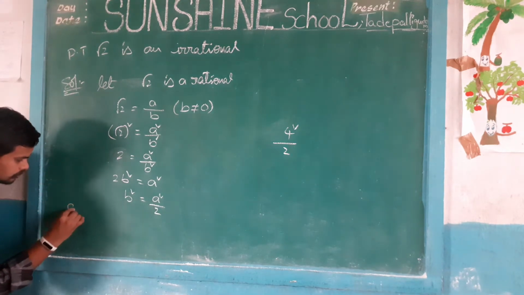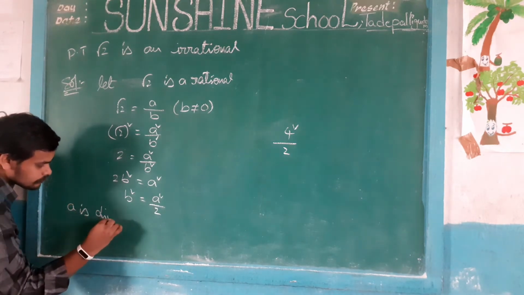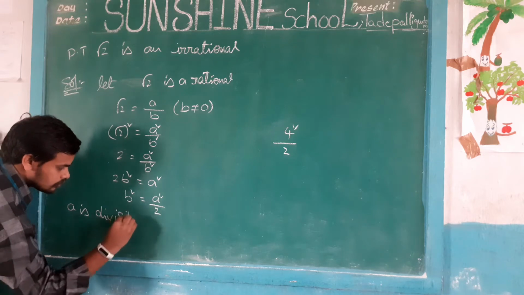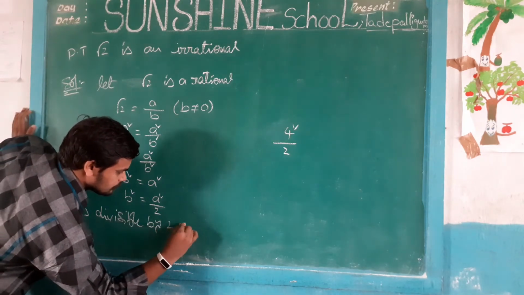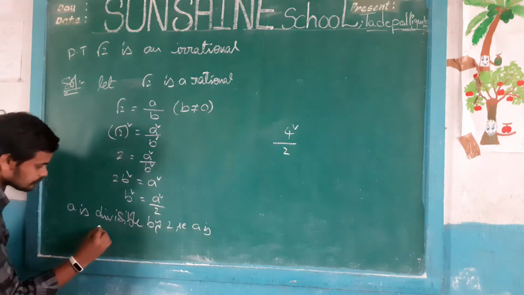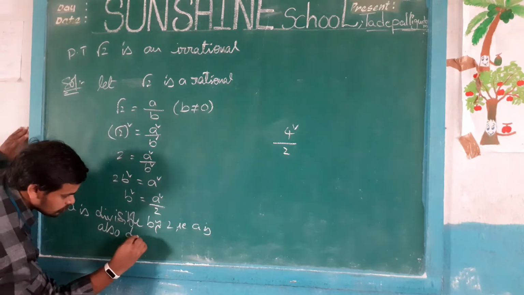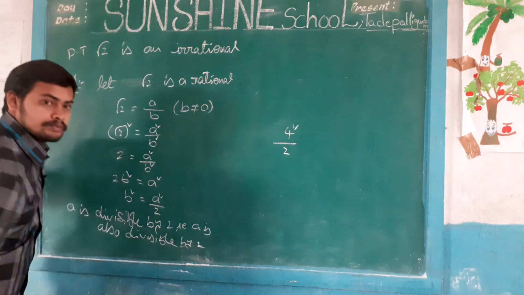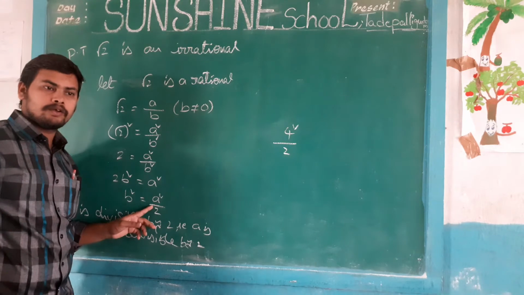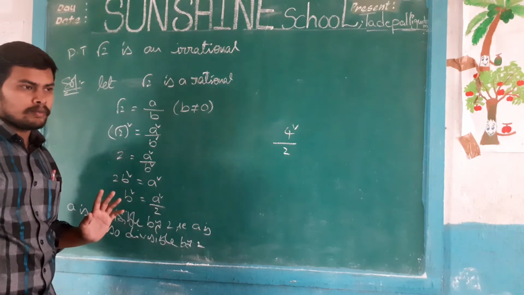Write down: a square is divisible by 2, that is a is also divisible by 2.